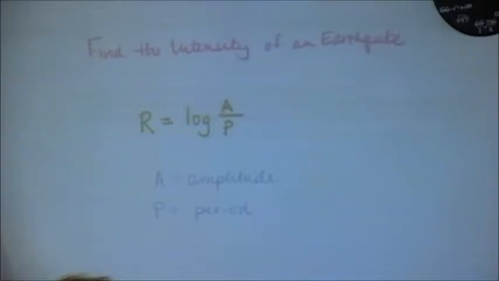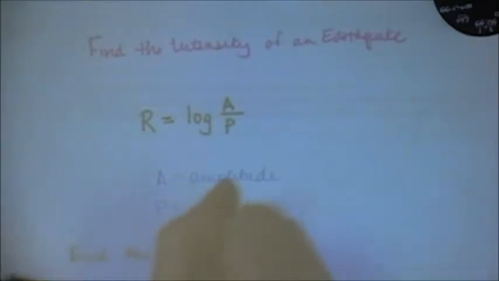Amplitude and period. Amplitude is how high and low a wave goes from the middle point, and period is how long each oscillation lasts. And that's the Richter scale? That is the Richter scale.